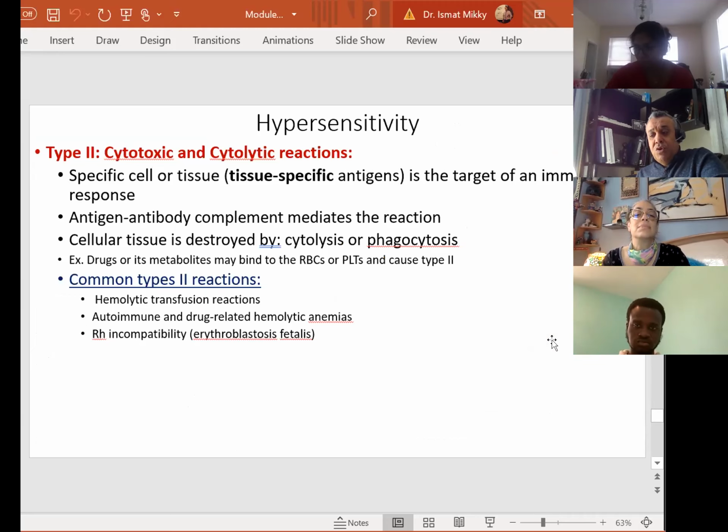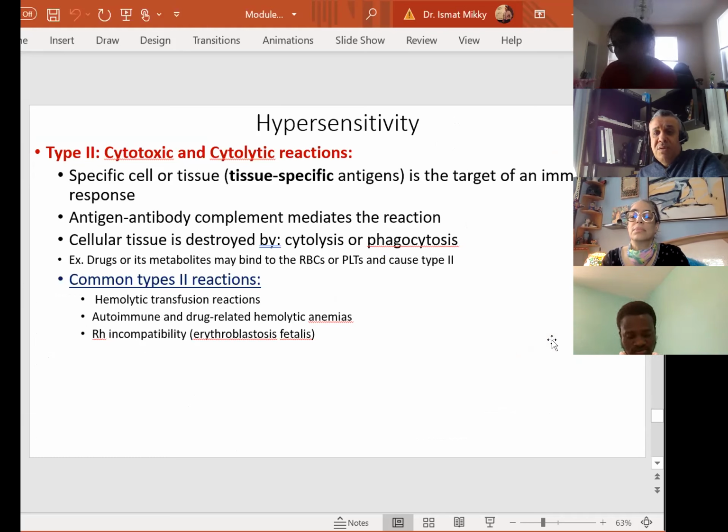Type 2, which is called cytotoxic or cytolytic reaction, which is tissue specific. And we give some examples of that, like reactions to drugs, if we are allergic to certain medications, that would result in this type of reaction.